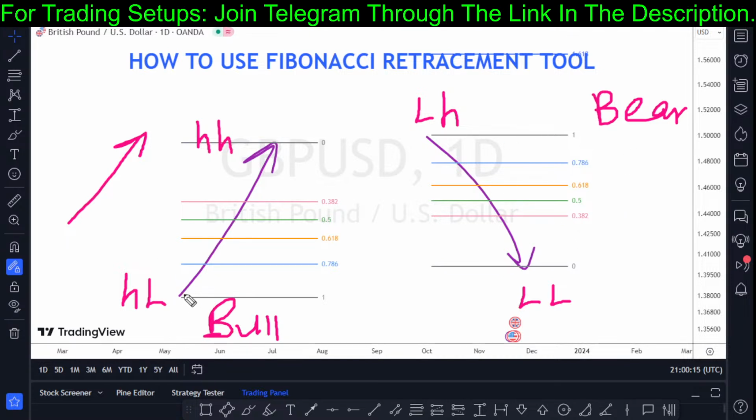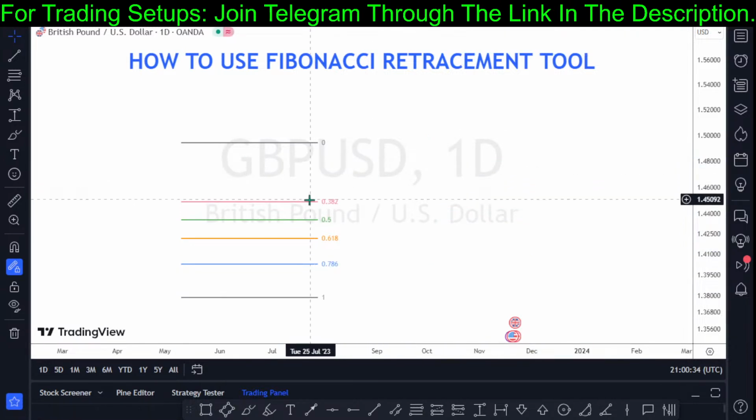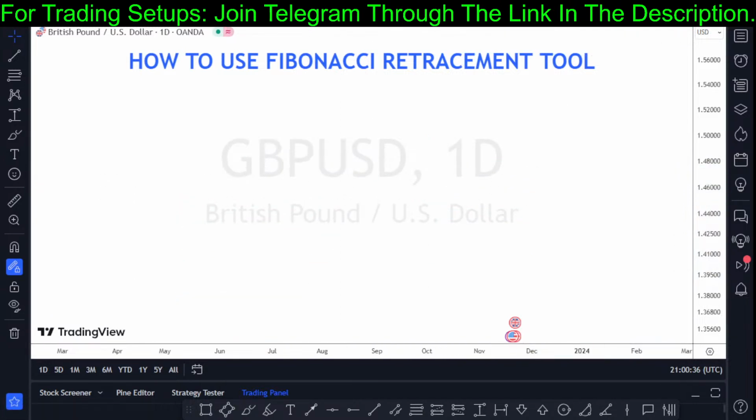In the bull trend, you start from the higher low to the higher high, and in a downtrend, you start from the low high to the lower low, right? Now let's get this off our chart and let's move to the next section on how you can properly apply this on your chart. So right now, let's start in a bull trend.